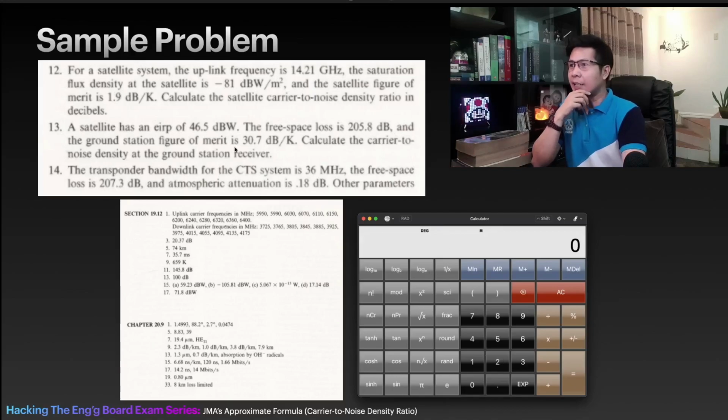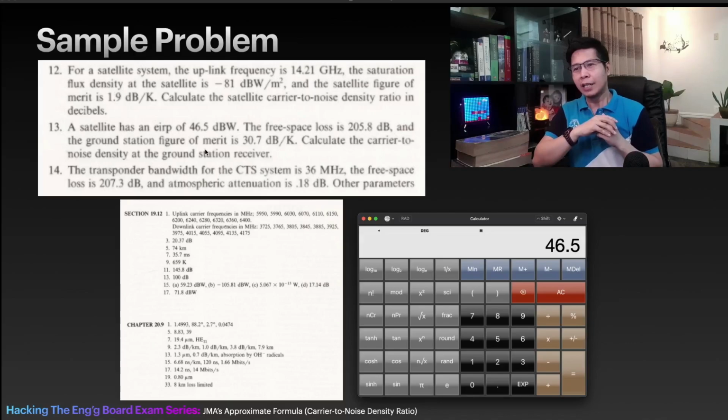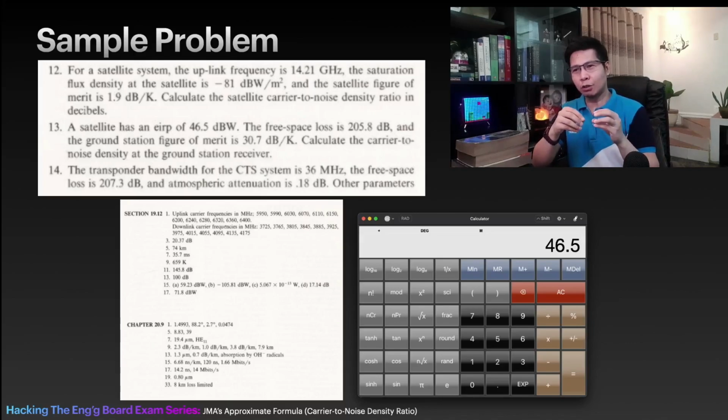So, ang EIRP niya dito is equal to 46.5. So, 46.5 plus yung ground station figure of merit is 30.7. So, ang given dito tatlo: EIRP, free space loss, and yung figure of merit. At yung binabanggit ko sa inyo, may mga cases kasi sa board examination na ang ibibigay sa'yo is yung jargon.